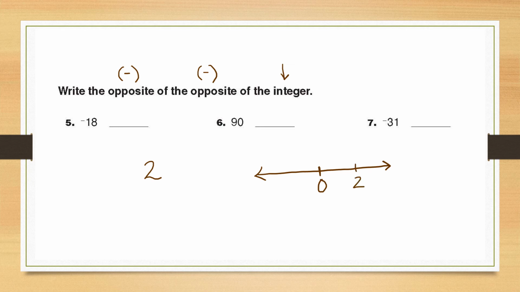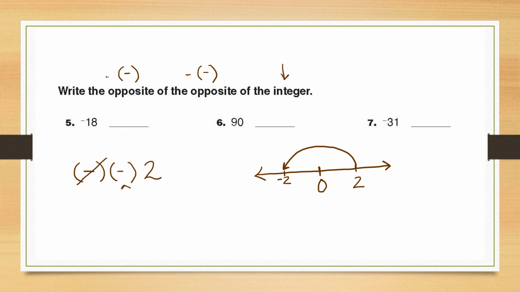And they're asking us to do the opposite of the opposite. So the opposite of our integer number 2. So I start with number 2 and I go to the opposite of number 2, which would be -2. And that takes care of my first opposite.